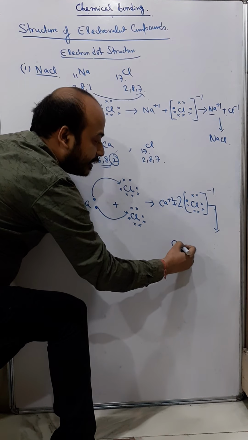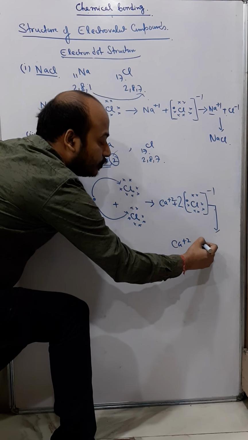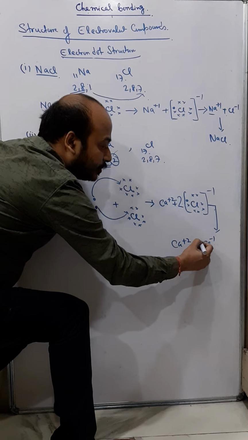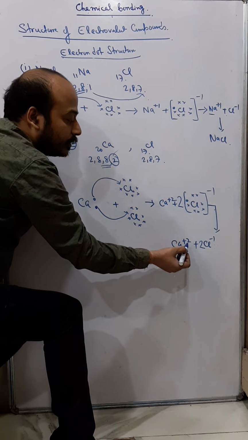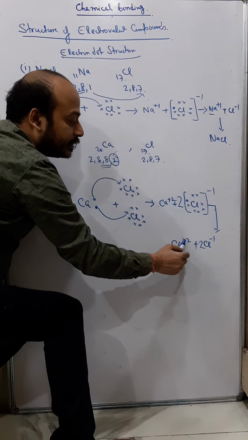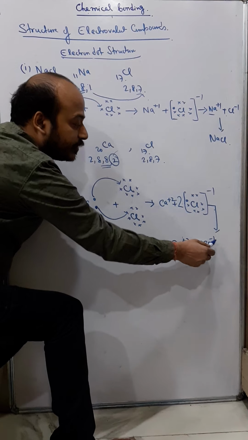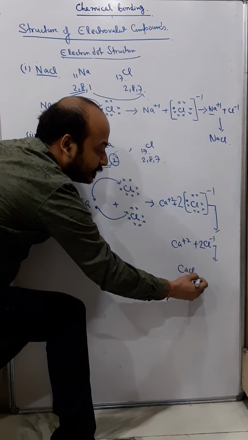We got Ca+2 and then Cl-1, and we have 2 altogether. Always the total positive and the total negative should be equal. Here you have +2 and you have -2, 2 chloride ions, and finally the structure becomes CaCl2.